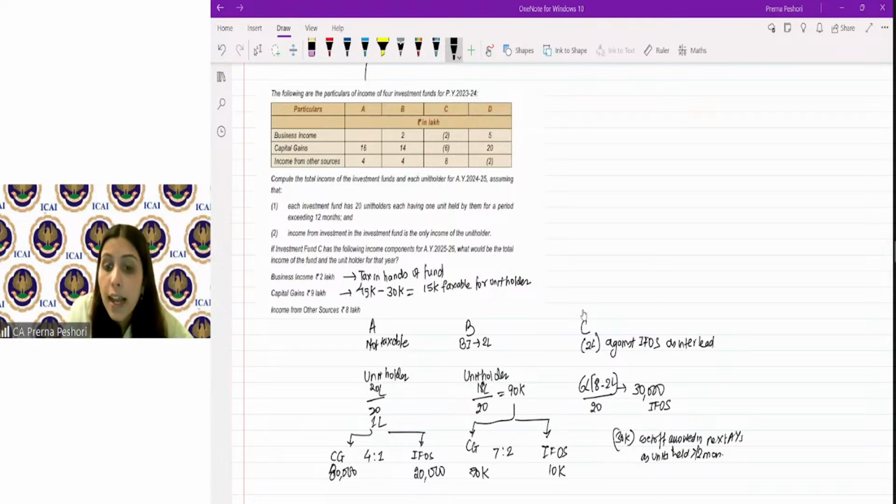So this will be taxable in the hands of the unit holder. Are we clear? Because we have brought forward capital loss of 30,000. And then there will be other sources, so this is again divided by 20.